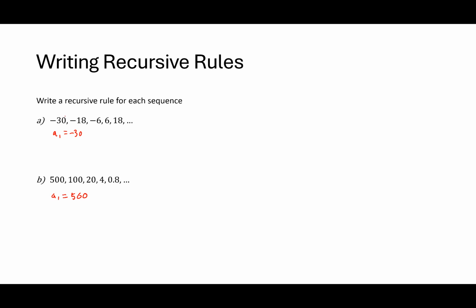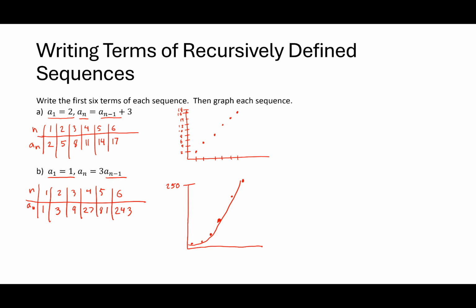So let's see, how do we go from negative 30 to negative 18 and negative 18 to negative 6? What we can do if we're not sure, since these are kind of tricky numbers, is to just use our subtraction going backwards or our division going backwards and see what gives us a consistent value.